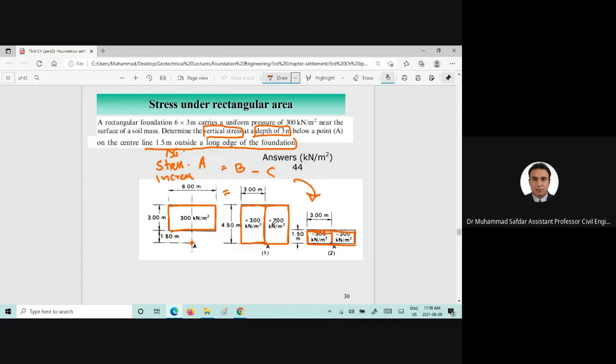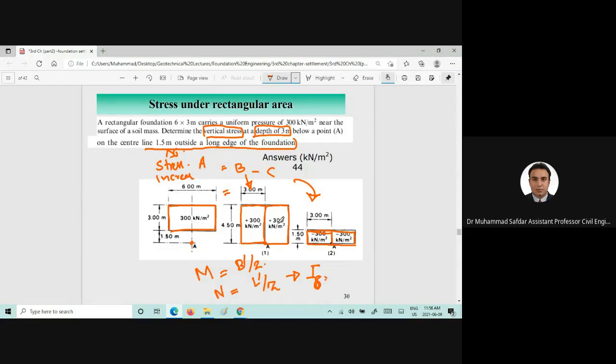If we subtract the stress increase from this rectangular section, this part, from the B which we got from this one, we will find M and N using, let's suppose, B prime divided by Z and L prime divided by Z, and then we will find I sigma.